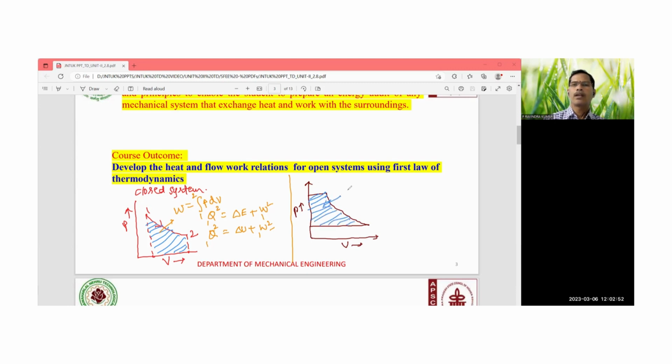W is equal to, when a process changes from state 1 to state 2, the integral of minus VdP.